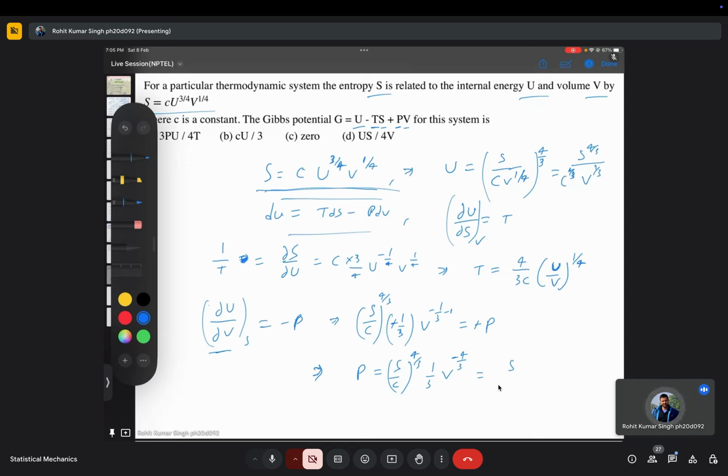So this is just S by C V to the 4 by 3, to the power 1 by 3. Is it fine?